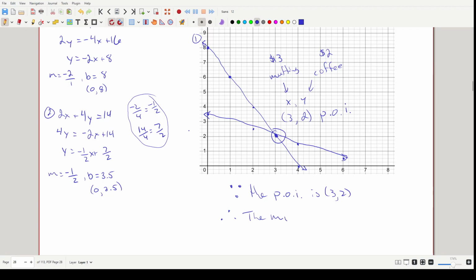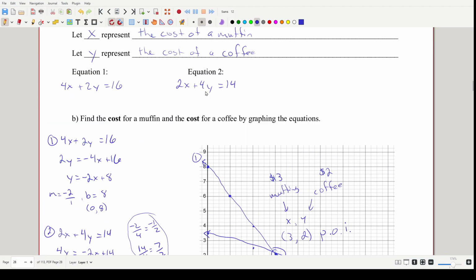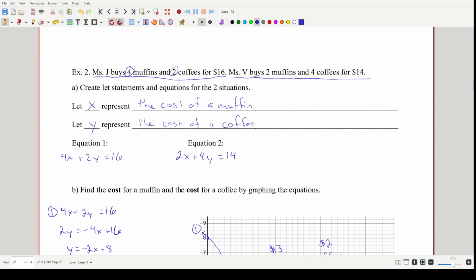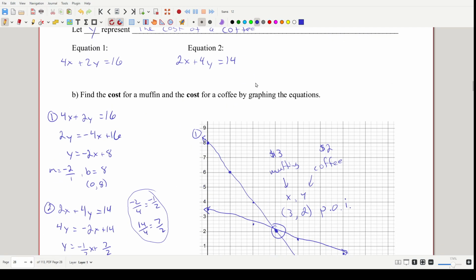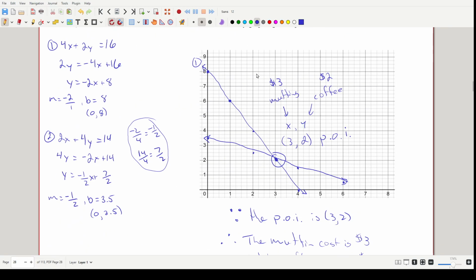The muffin cost is $3 and the coffee cost is $2. These are actually pretty reasonable prices. And that is the whole statement. That's what we got. We figured it out. Based on nothing more than this little description, we were able to figure out exactly how much a muffin and a coffee is, assuming that they both bought everything at the same store.